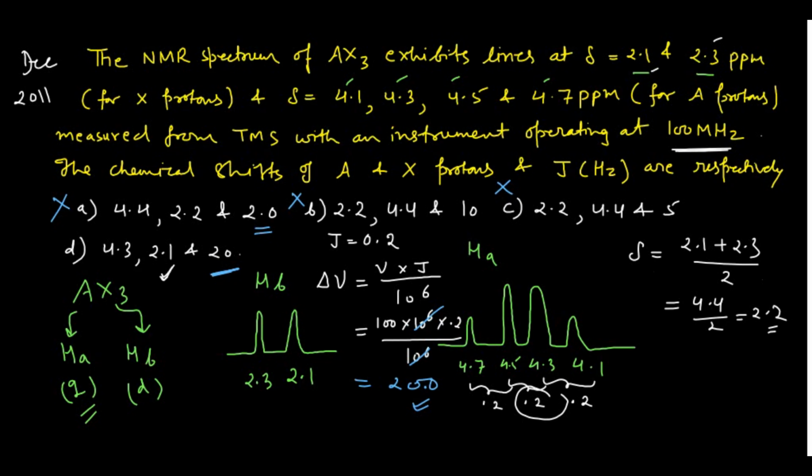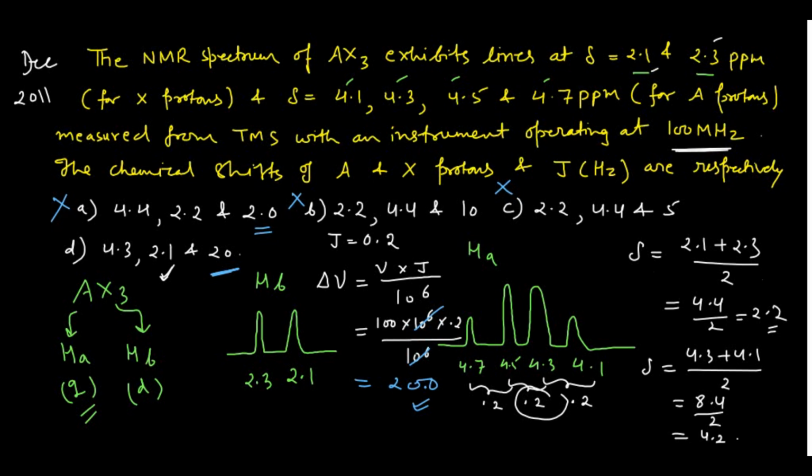Now another value of the chemical shift you can calculate. You can add any two and take the average, all will give you the same thing actually. So if you calculate the delta value, 4.3 plus 4.1 divided by 2, that means 8.4 divided by 2, and this will give you 4.2.